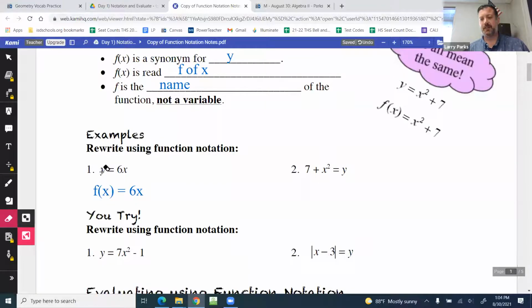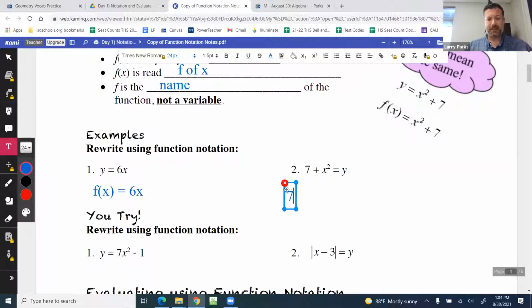Okay, so sometimes I remember when I first started with functions, I found them very confusing. So if I saw this, I would write it down as y equals 6x, just so I remembered what it was, because you're used to seeing it like this, not in function form. So what would this be in function notation? Well, I would say 7 plus x squared equals.